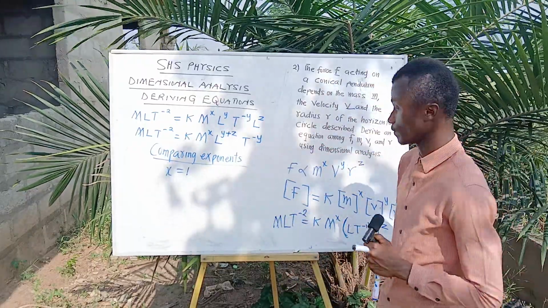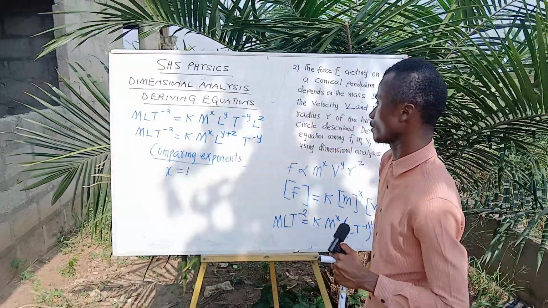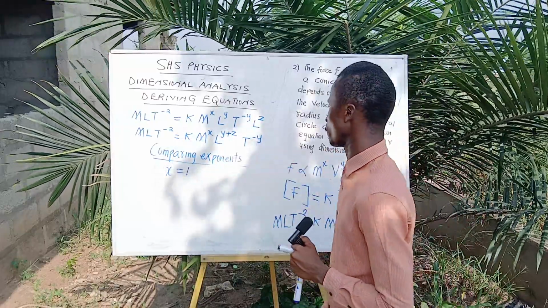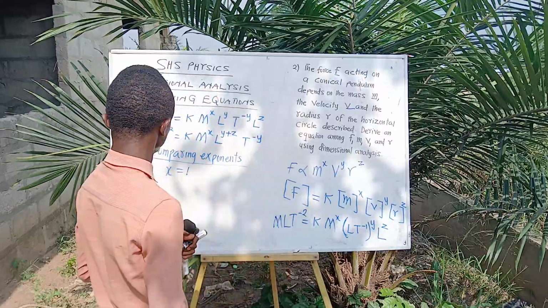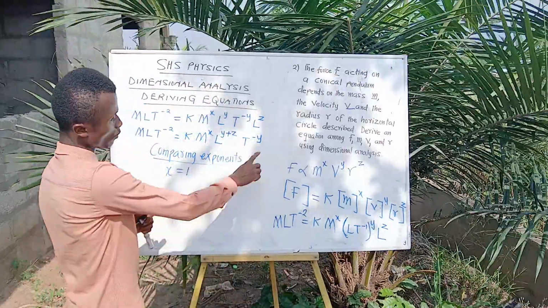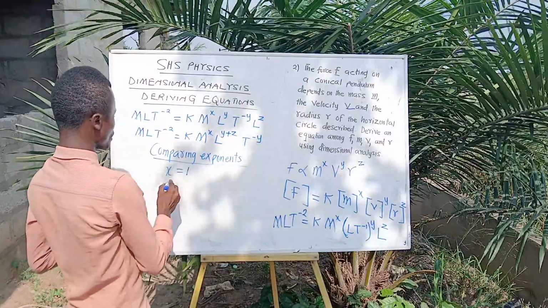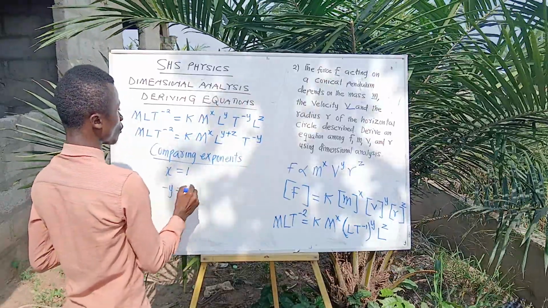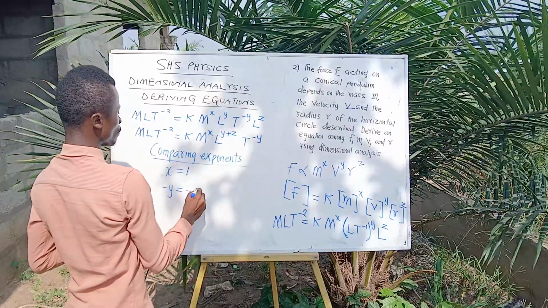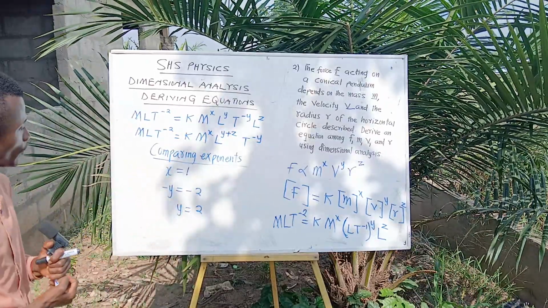That is very cool. M gives us x equal to 1. The next thing we can compare will be t. T has only -y, so -y is equal to -2. Therefore, y is equal to 2. That is very cool.